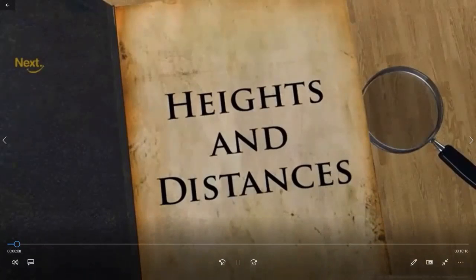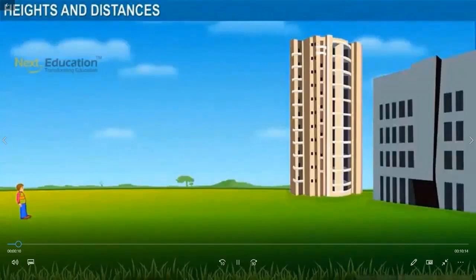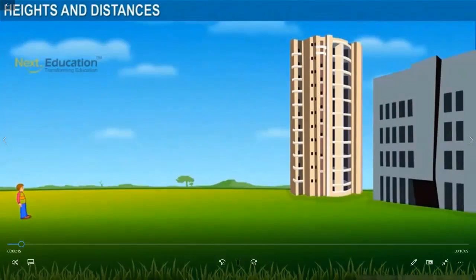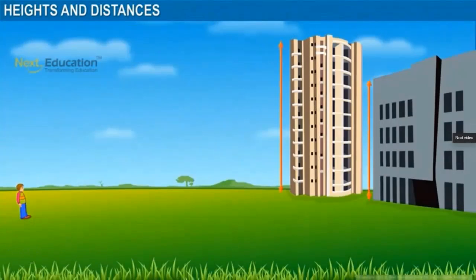Using trigonometric ratios. In everyday life, we come across many buildings, monuments, and other structures. The heights of these structures can be found using trigonometric ratios. Let's review some basic terminology associated with finding heights and distances.